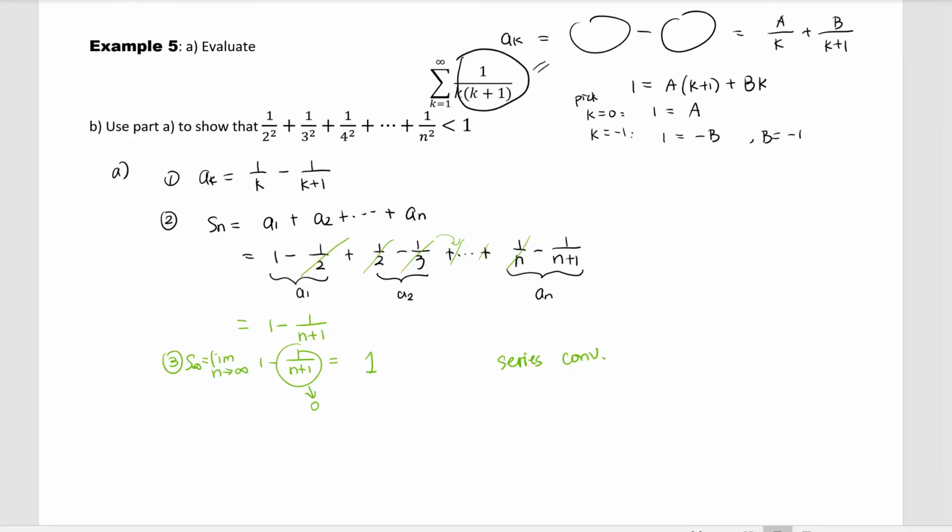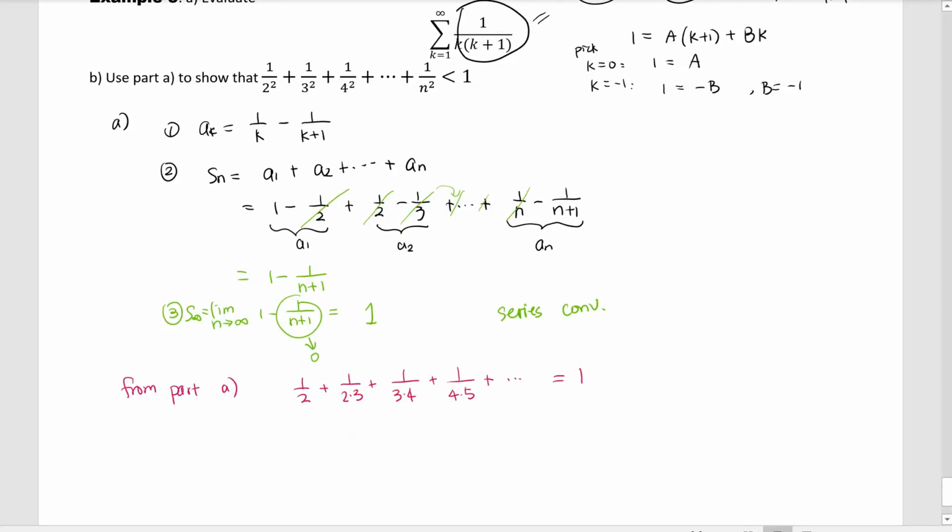When we plug in k, we get 1 over 2 plus 1 over, when k is 2, 2 times 3 plus 1 over 3 times 4 plus 1 over 4 times 5 plus dot dot dot equals 1.